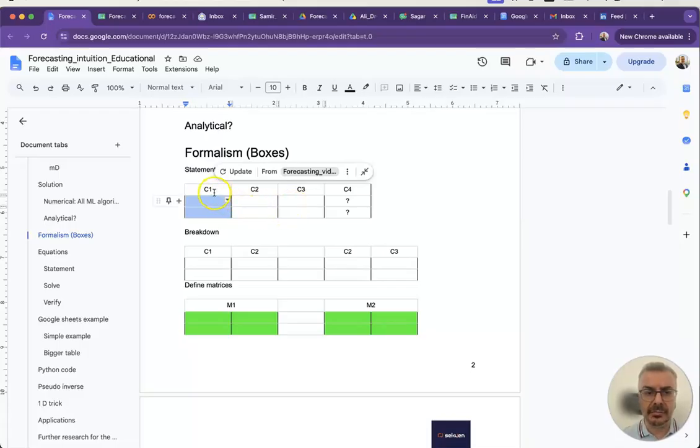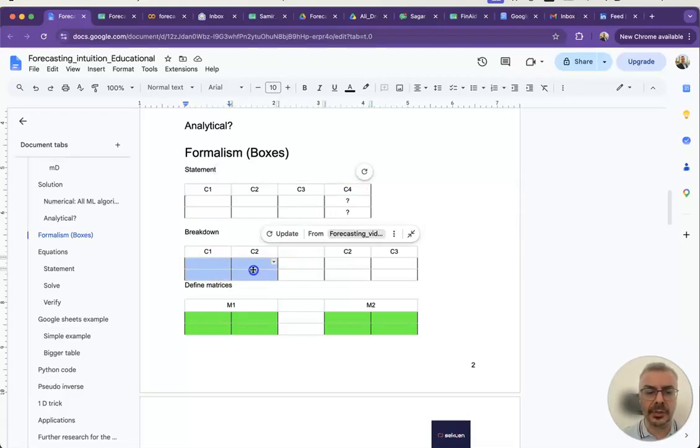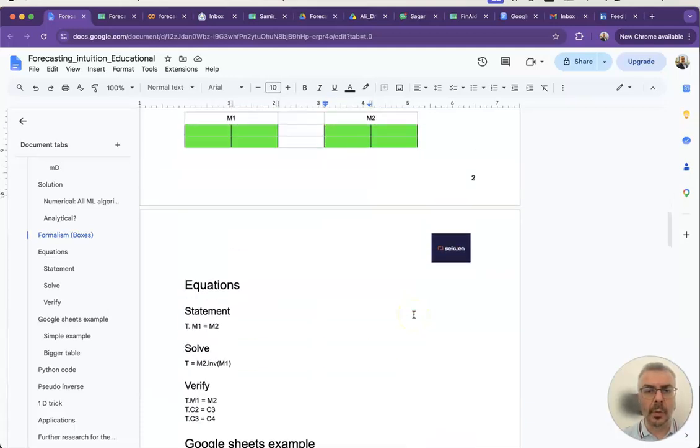Now, let's say I have 3 columns, C1, C2, C3, and then I'm forecasting what should come in C4. Let's decompose it into some matrix algebra, like having a 2 by 2 matrix, C1, C2, and then a 2 by 2, C2, C3, M1 and M2. Now, what do I need?